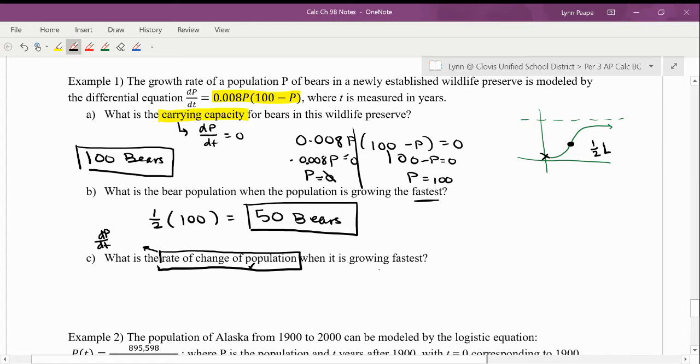So we want to know what is dp over dt, my rate of change, evaluated at 50, oops, that was supposed to be a 5, at 50, because when was it growing fastest? When we had 50 bears. And actually, let me write this notation appropriately.